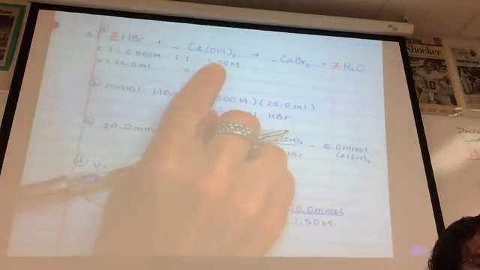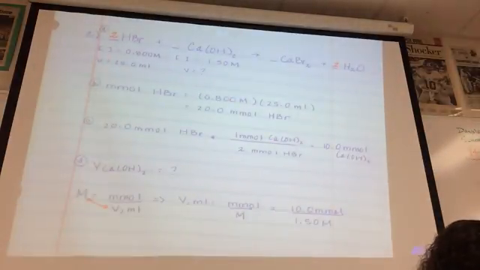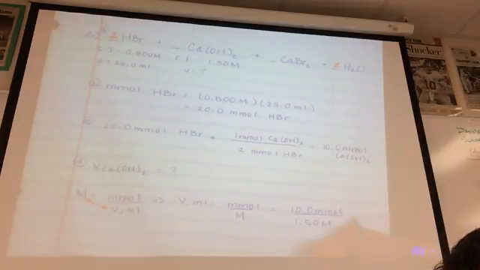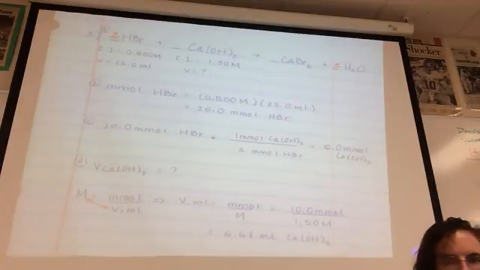Make sure you use the correct piece at the end. Otherwise, you're going to have a little mistake. There's always partial credit on these types of problems. And you've got, wow, a little volume. 6.67 mL of base. Okay?